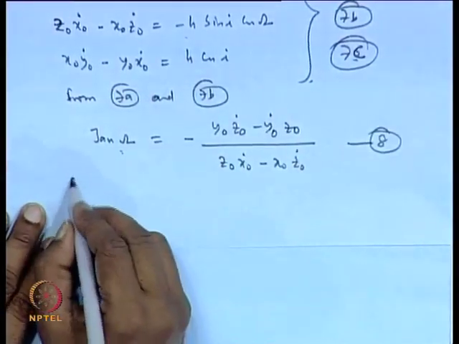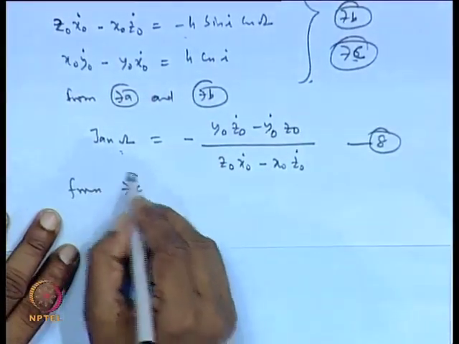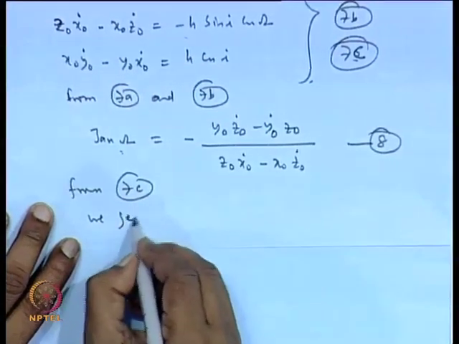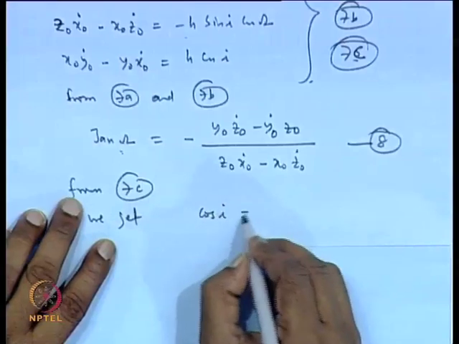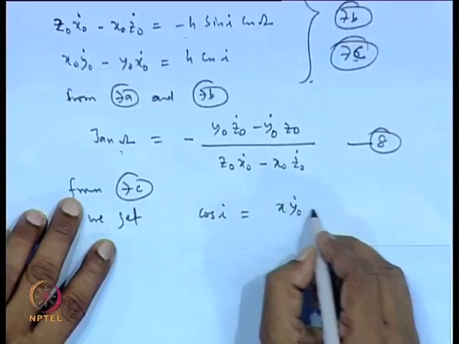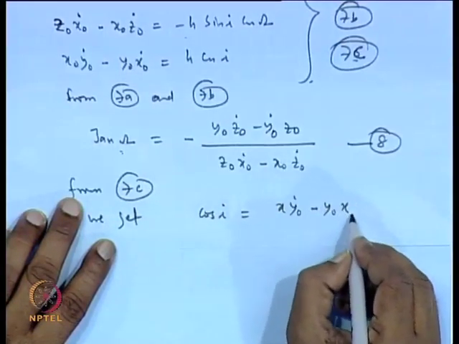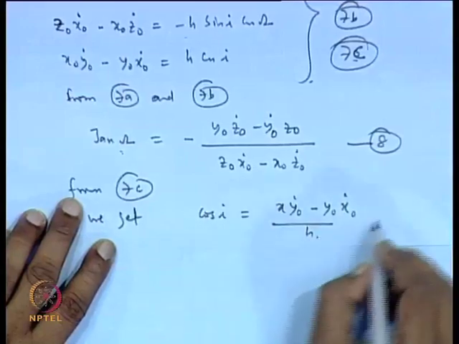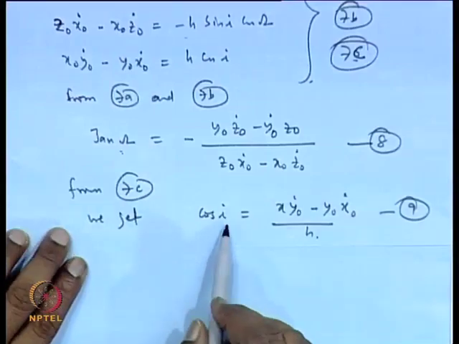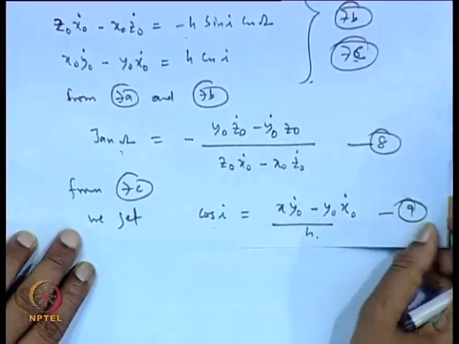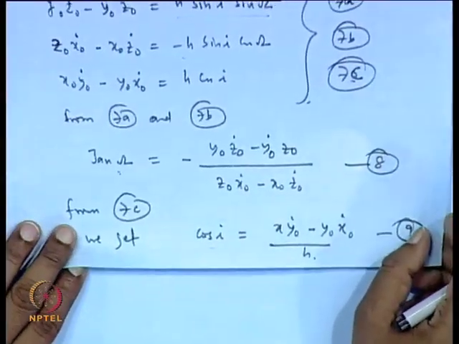Now, from 7c we get cos I equal to (x0 y0 dot minus y0 x0 dot) by h. This is our equation number 9, and there is no ambiguity in this case, okay, because the I will lie between 0 and 180 degree.